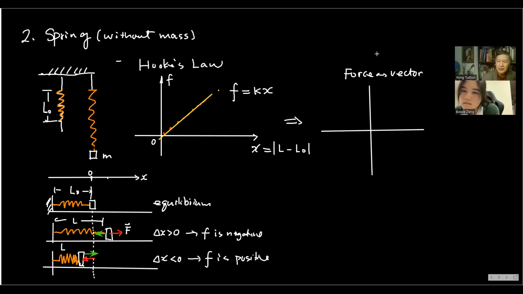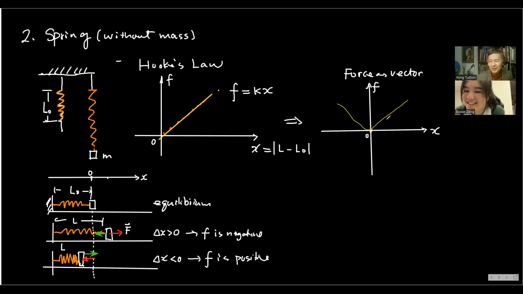If this is the elastic force, and this is x, the displacement, the change in the length, can you draw the diagram to describe both the direction as well as the magnitude? Can you draw any graph? You can draw a straight line.